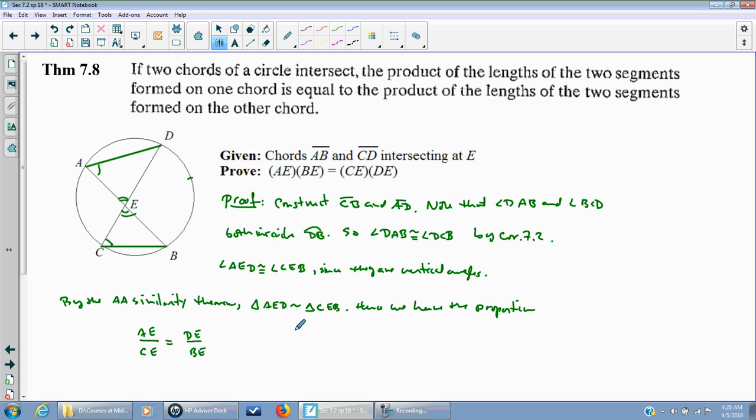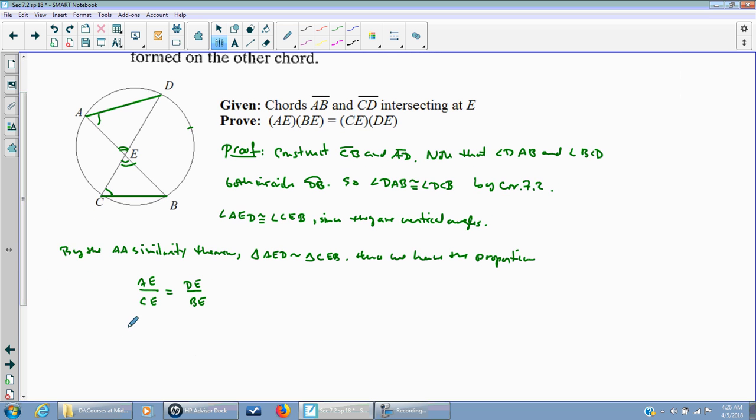And now we just have one more step. If we multiply through, I'm not going to use the term cross multiply because I hate it, but if we multiply both sides by CE and BE, just multiplying both sides by the same number, some things cancel, and we get that on the left side, the CE's cancel, we have BE times AE.